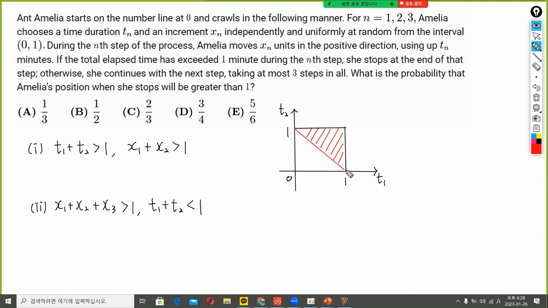The ratio of this area to the total is 1/2. And we can do the same thing with x1 and x2, and the probability is also 1/2. So the probability for the first case is 1 over 4.